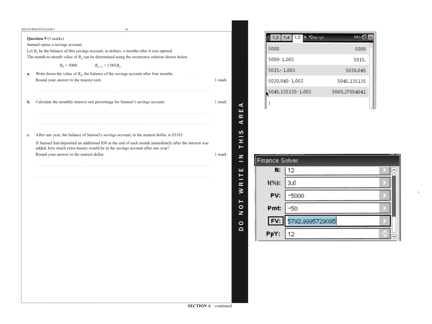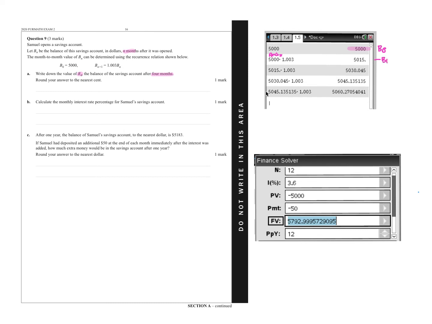Okay, question 9. Samuel opens a savings account. Let B_n be the balance of the savings account after n months, so this is a monthly formula. The question is to write down the value of B after 4 months. When you've got a recurrence relation, we can do it quickly on our calculator. Pop in the 5,000 and press enter, and that is B_0. Then press times, and you'll see Ans times comes up, and we want to times it by 1.03.